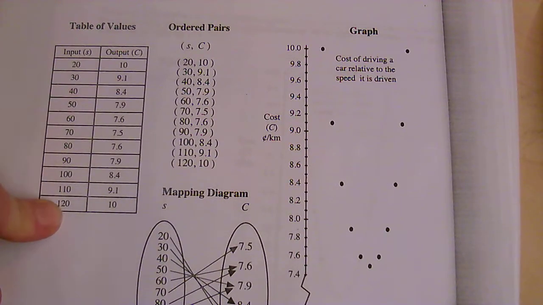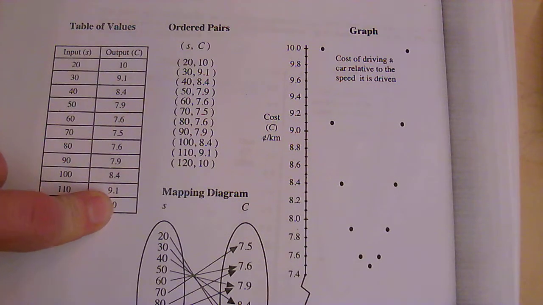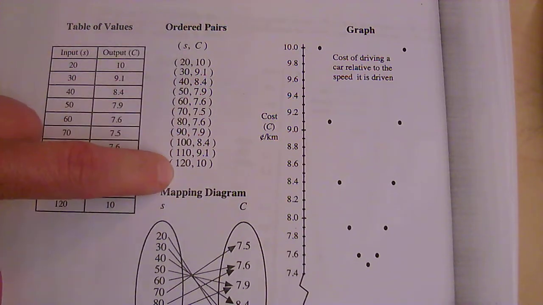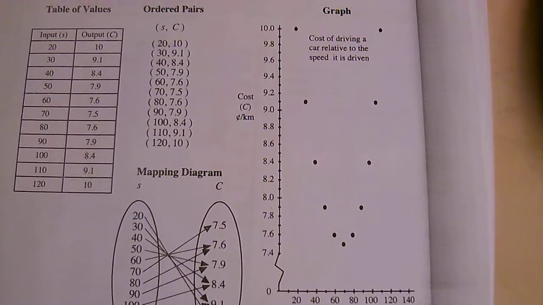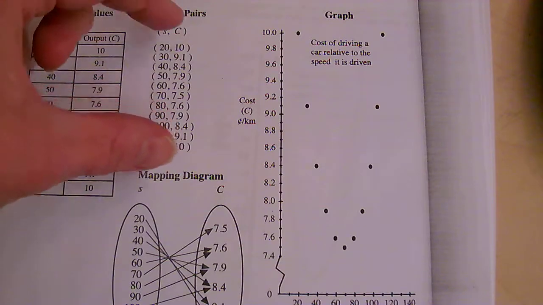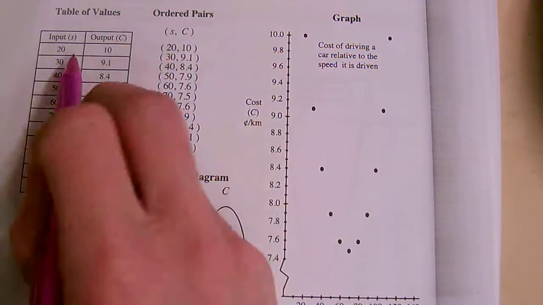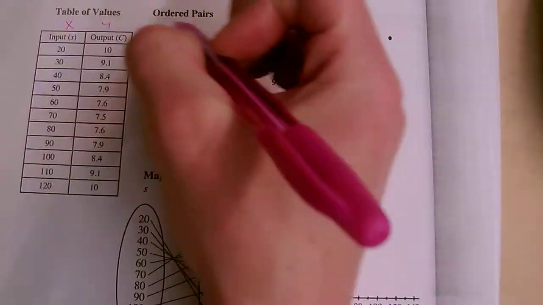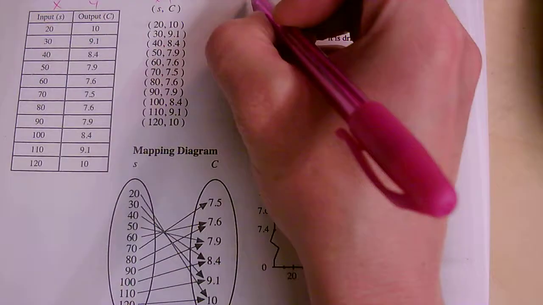There's my input of 20 to 120, and there's my cost. I've got my ordered pairs there. I take my table of values, put them into ordered pairs, and graph them. So that's the relationship there. And once again, remember, these are always x, y. This is my x, this is my y.